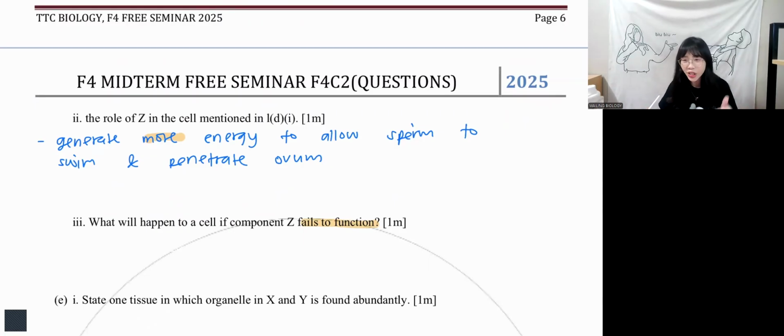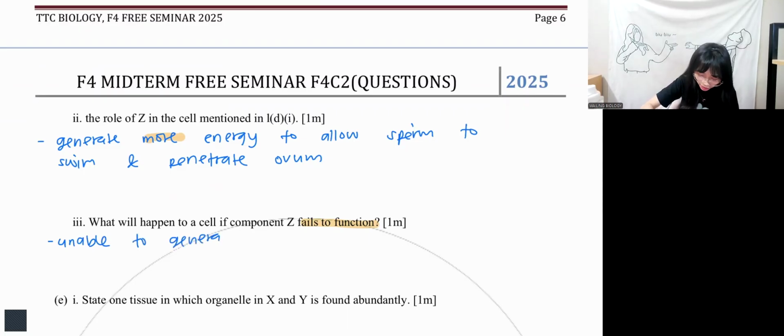Unable to generate energy in the form of ATP. Okay, so you're going to say unable to generate energy in the form of ATP.